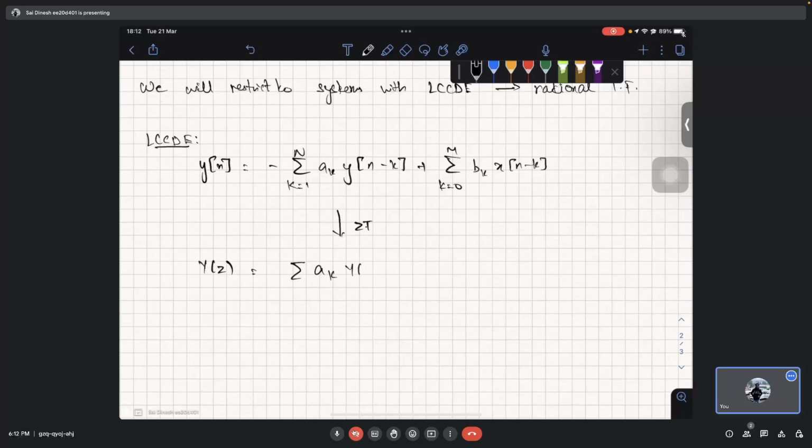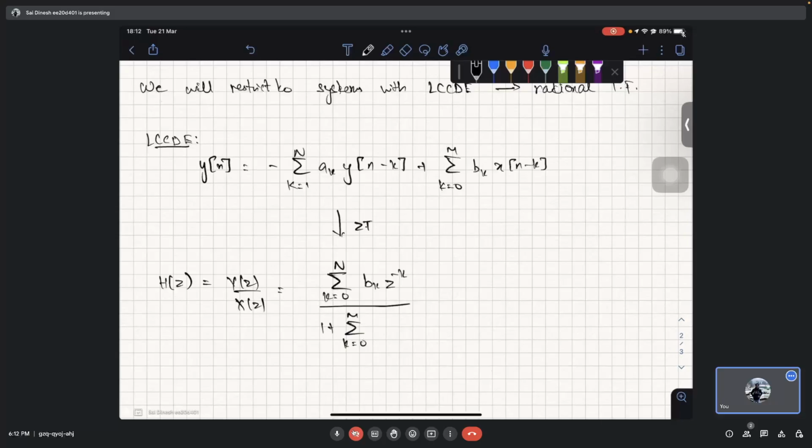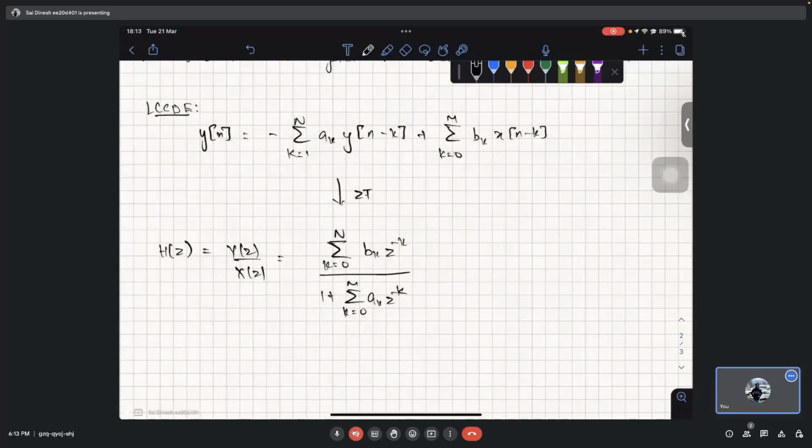Let's directly skip all the steps and I'll just directly write H of z equal to Y of z by X of z equal to sigma k equal to 0 to M, b k z power minus k, by 1 plus sigma k equal to 1 to N, a k z power minus k, right? This is from the z transform of the LCCDE equation.